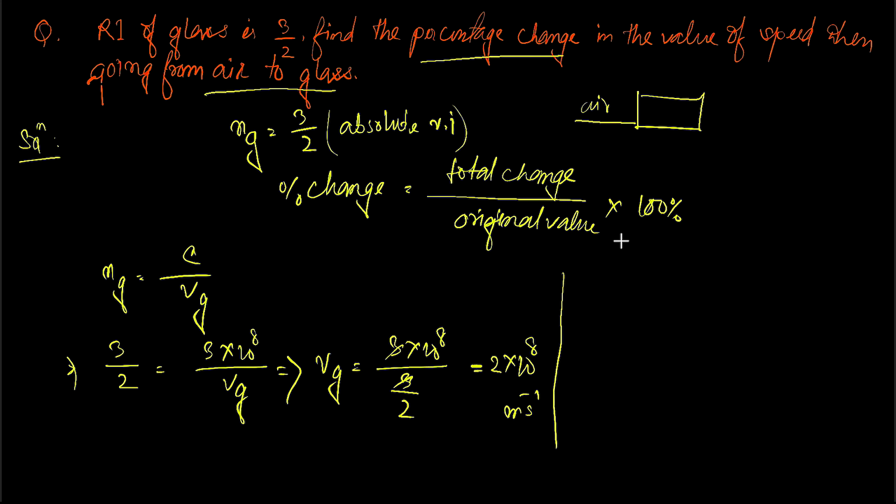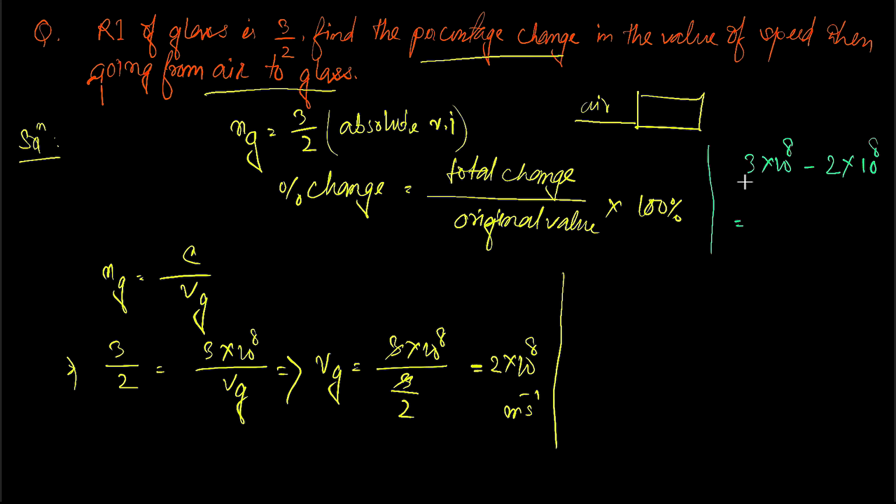Now look closely. Now you have to find the change in speed. Original speed is how much? 3 into 10 to the power 8. Now we have got the velocity of light in glass medium as 2 into 10 to the power 8. Now what is the total change? How much is the total change when the velocity of light changes from air to glass?